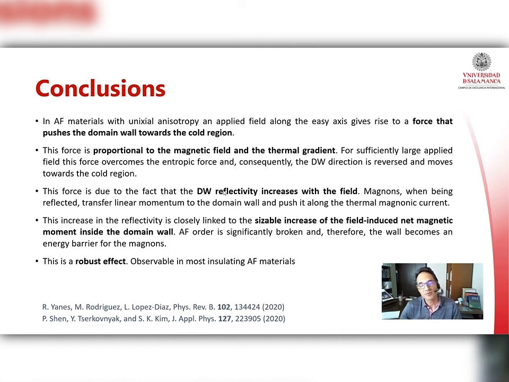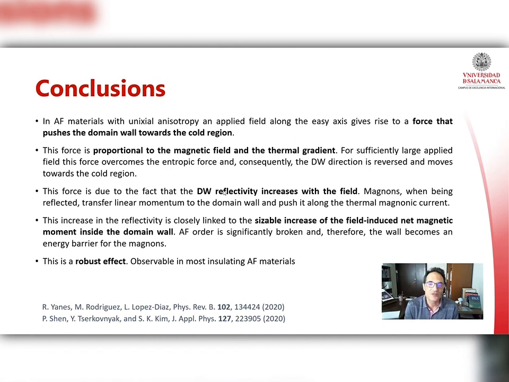This force is proportional to the magnetic field and the thermal gradient, and for sufficiently large applied field, it is able to overcome the entropic force and consequently reverse the direction of motion of the domain wall, which now is going to move towards the cold region.